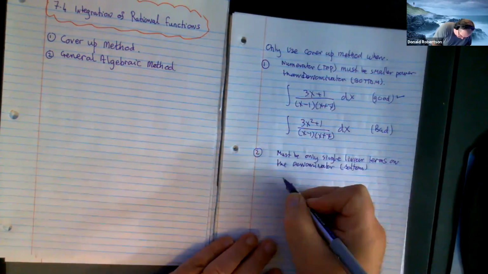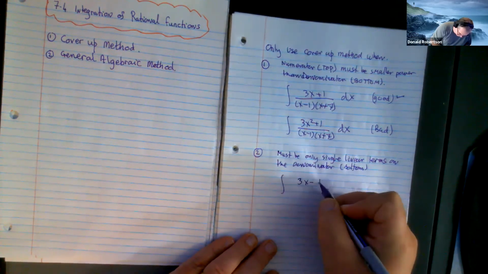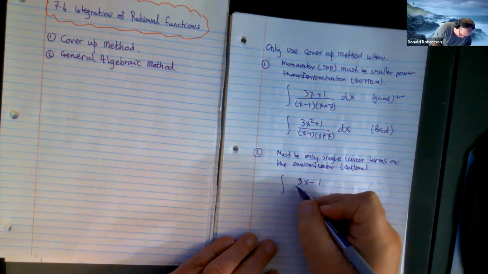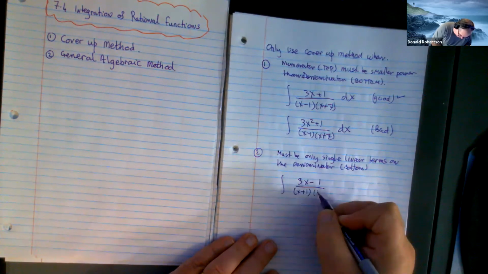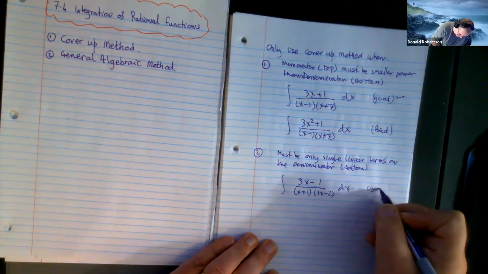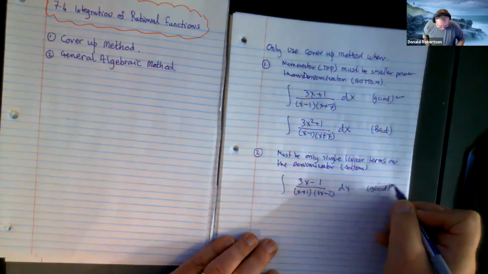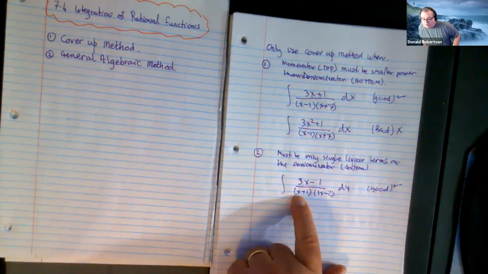So 3x minus 1, x plus 1, 3x minus 2, that's good. That's bad. You see that the terms in the bottom are linear, right? And there's only one of each.